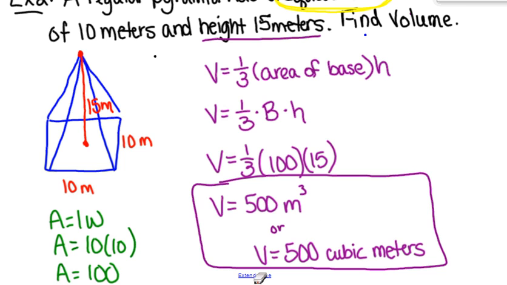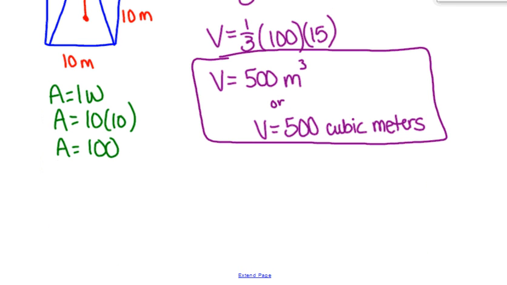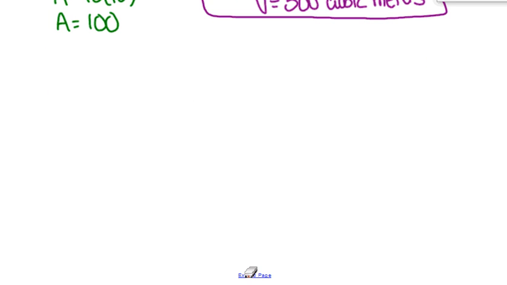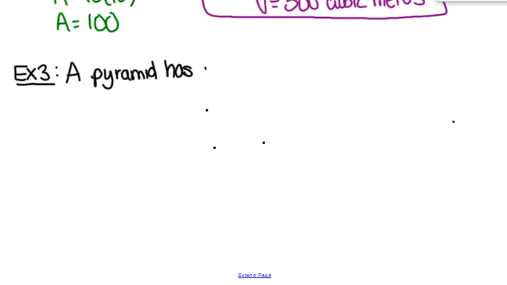All right, for this video, we've got just one more example. This one too, I'm going to turn into kind of a word problem. So in this example, I'm going to say a pyramid has a rectangular base that measures 10 feet by 12 feet.